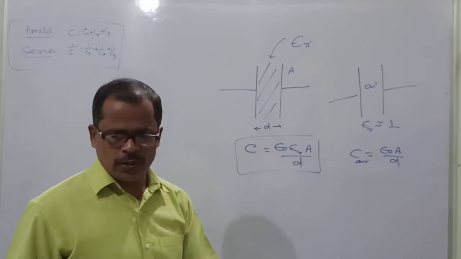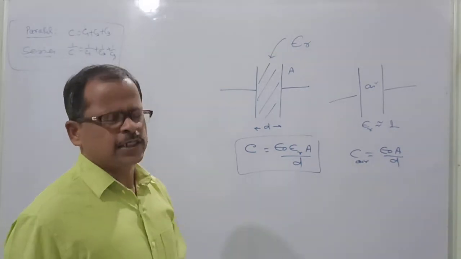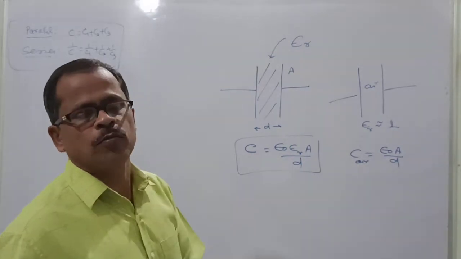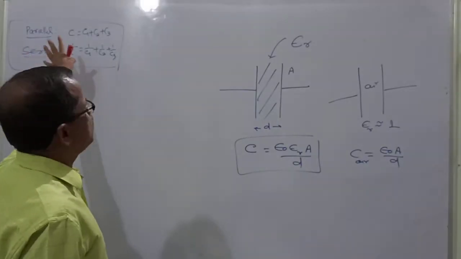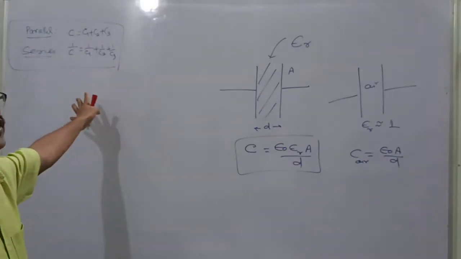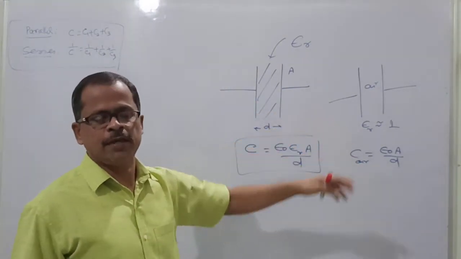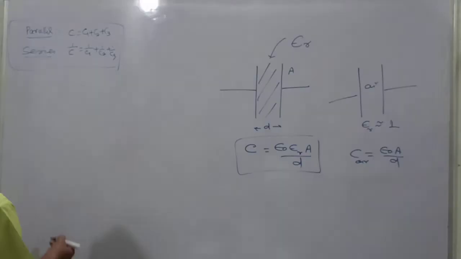So now knowing all these formulas, let us calculate the capacitance of some easy combinations. I told the parallel combination, the series combination, and then the parallel plate capacitor. Now I am making a note here.